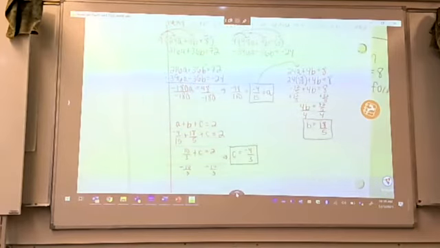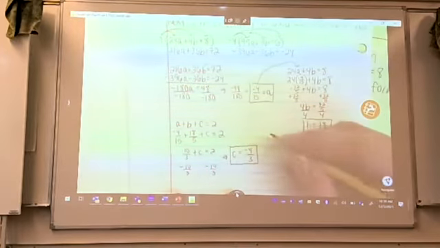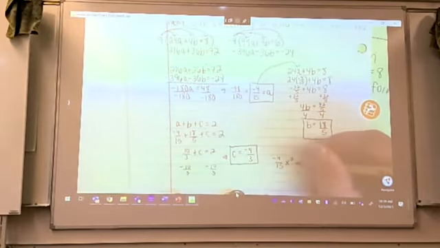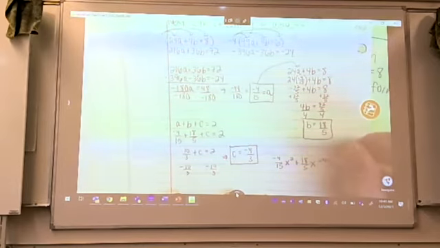I'll double check it to make sure that the final answer is going to be -4/15 x squared plus 18/5x minus 4/3 equals x.